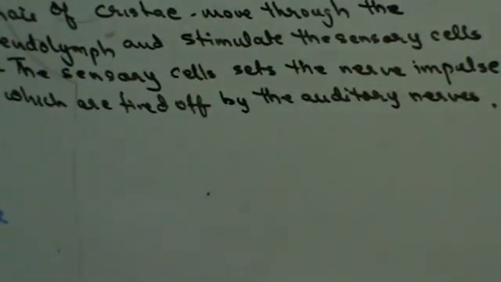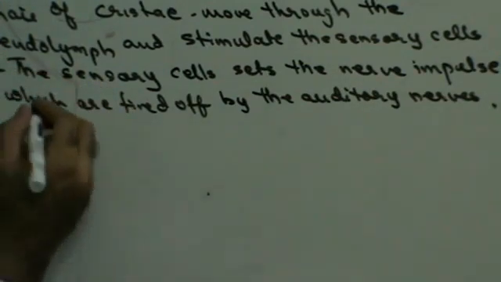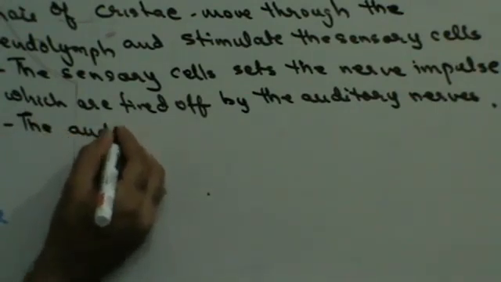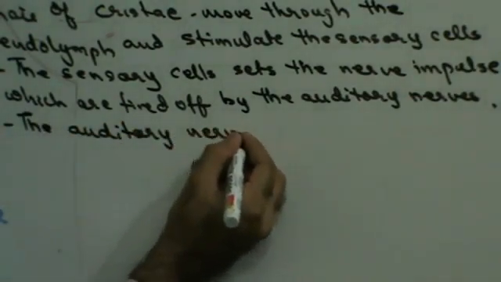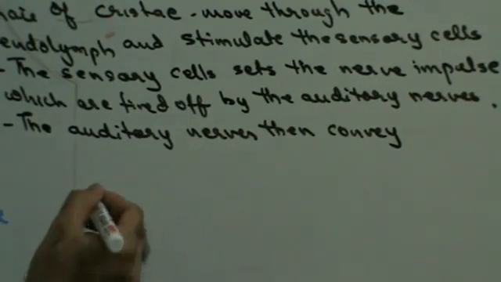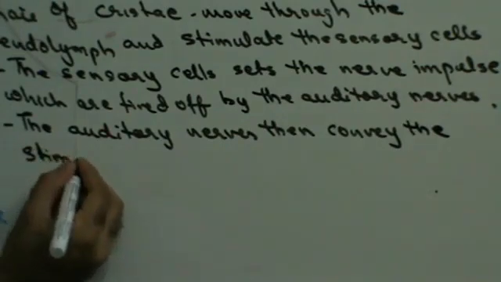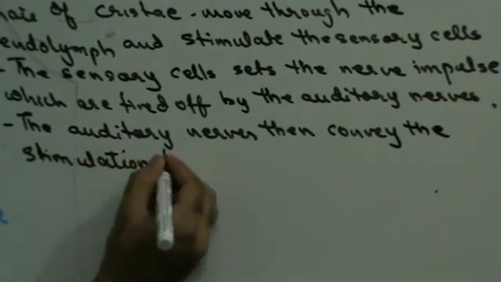Now, the auditory nerves then convey the stimulation to the brain. As soon as the head moves, since the endolymph has not moved, the organ of Corti would send an impulse to the brain, and the brain would come to know that the head has been tilted.